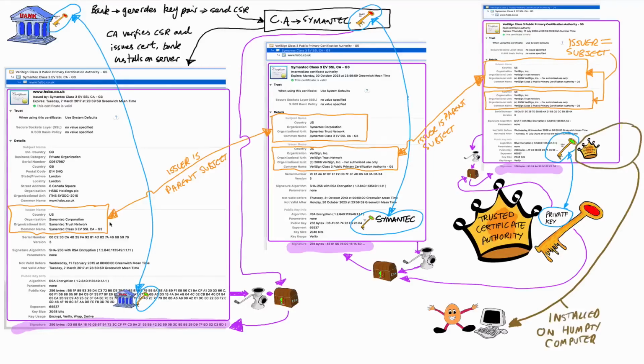The client will traverse the chain, going from issuer to subject, looking at the public keys. It definitely will not be looking at the private keys of the intermediate certificate authorities. That's a very important point. The private keys are only known by the certificate authorities themselves.